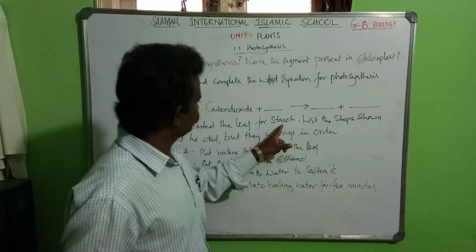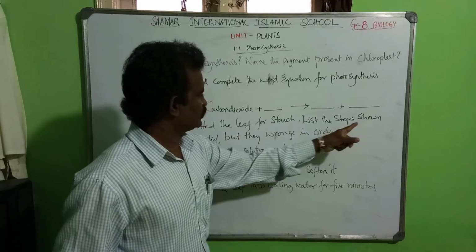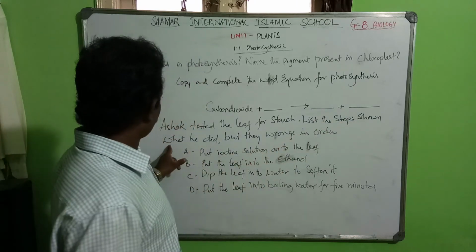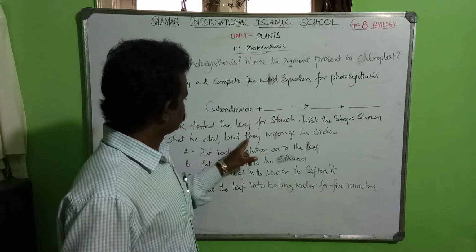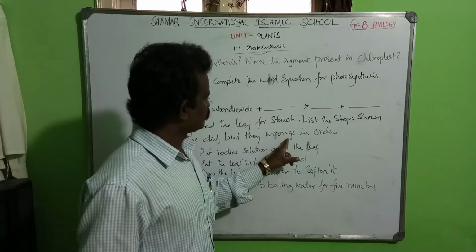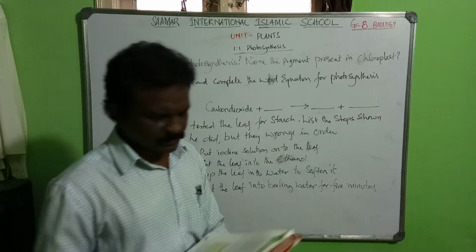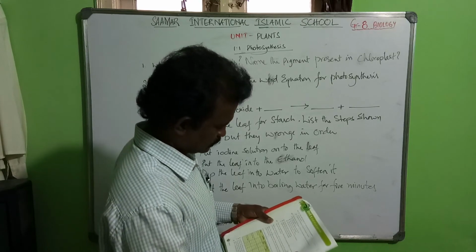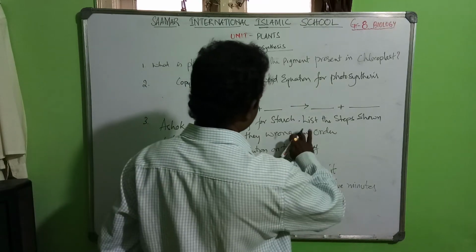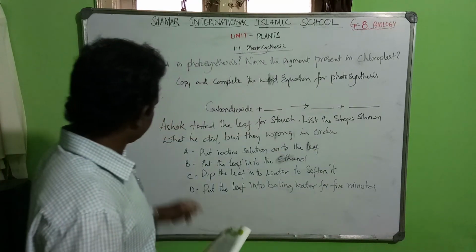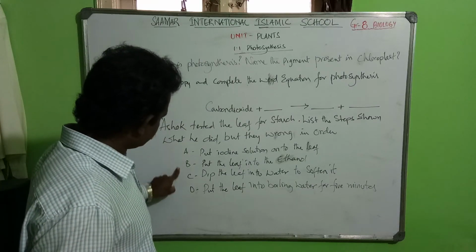Ashok tested the leaf for starch. List the steps shown here. What he did, but they are in the wrong order.